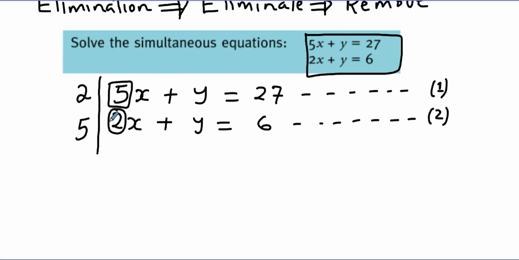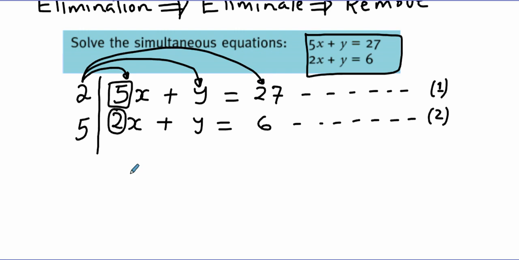The reason being, I want to remove letter x so that I can remain with only y, so that I can find its value. Okay, so now, this 2 multiplies here, and this 5 multiplies down here. So how do we do that? From here, we multiply this 2 by every single number found in equation number 1.